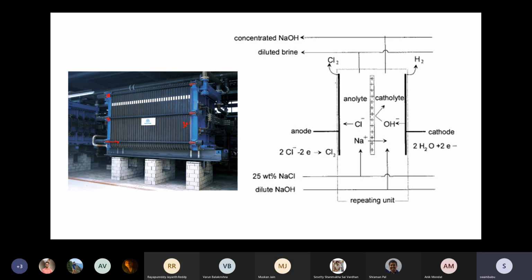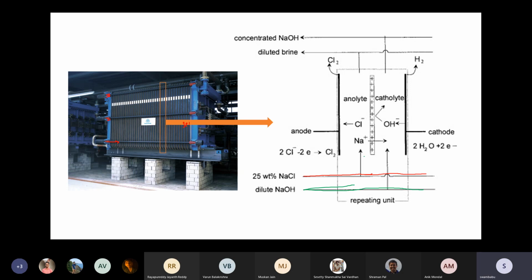This is a typical single unit. If you take any one unit from here, it looks like this. Within this unit, you will have an anode and a cathode. Here you see the pipelines.